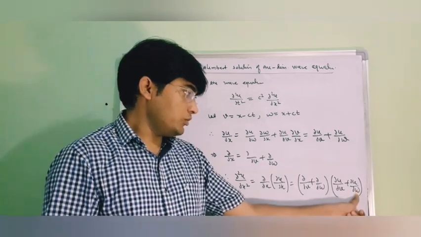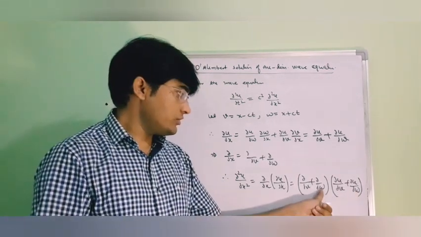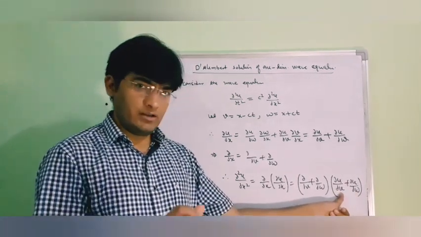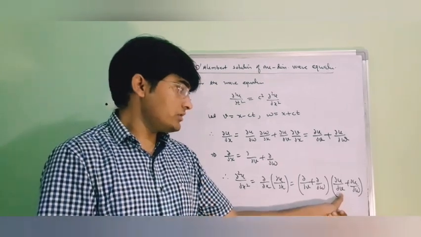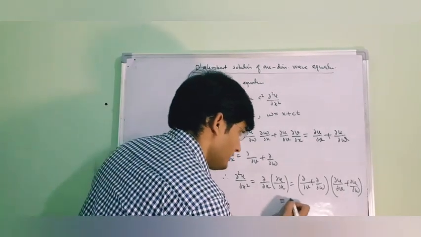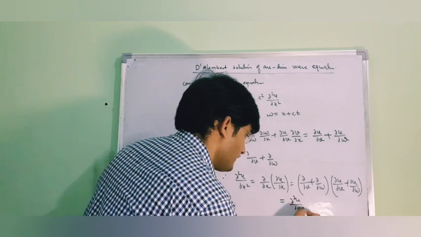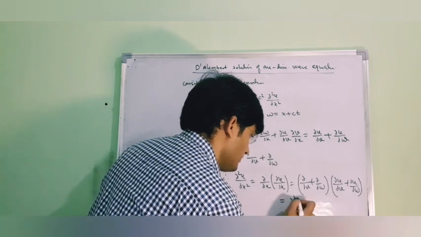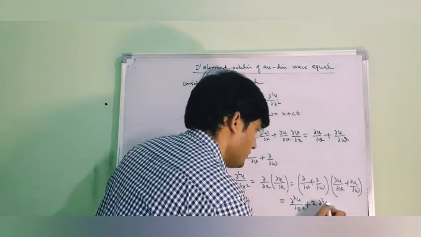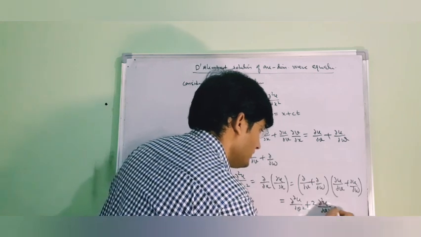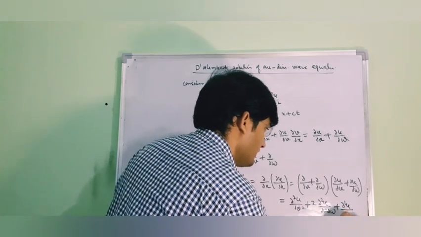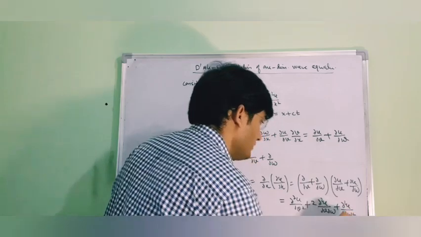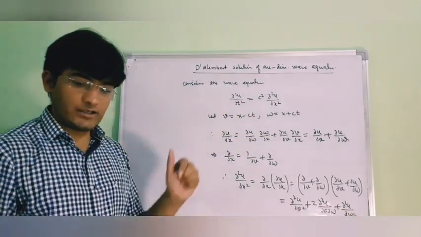This will be your ∂²u/∂v∂w, and this will be your ∂²u/∂w∂v. And as these two are equal to each other, we can write it as ∂²u/∂v² plus 2 times ∂²u/∂v∂w plus ∂²u/∂w². So this will be the value of ∂²u/∂x².